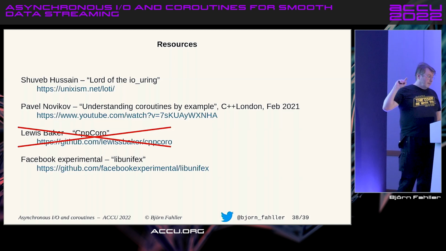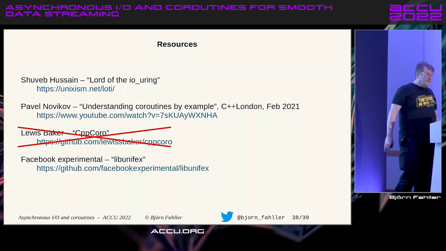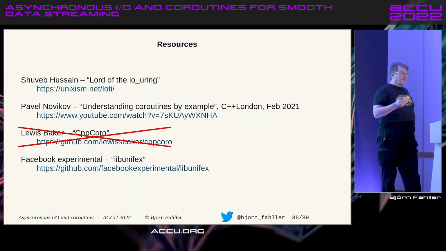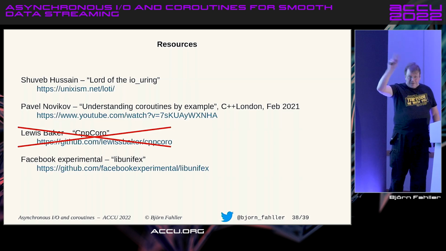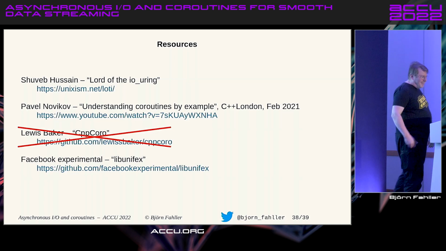For me, the key to grok what's happening with coroutines was Pavel Novikov's presentation, Understanding Coroutines by Example, given at C++ London in February 2021. So, Pavel, if you're looking, thank you. You saved me.